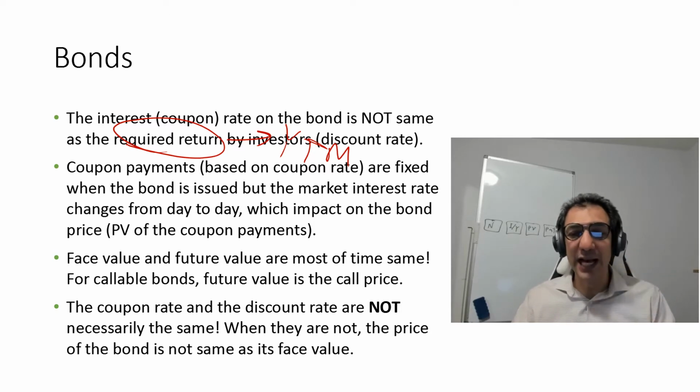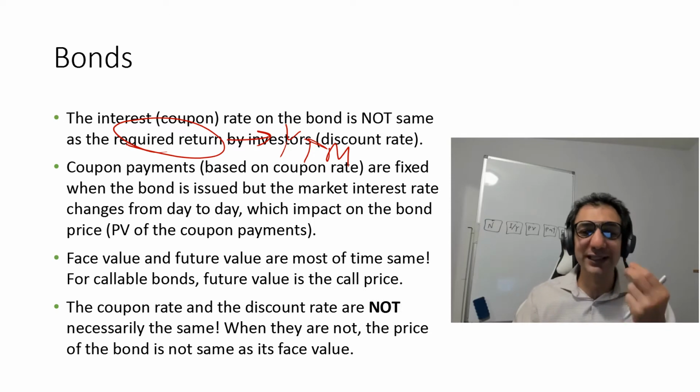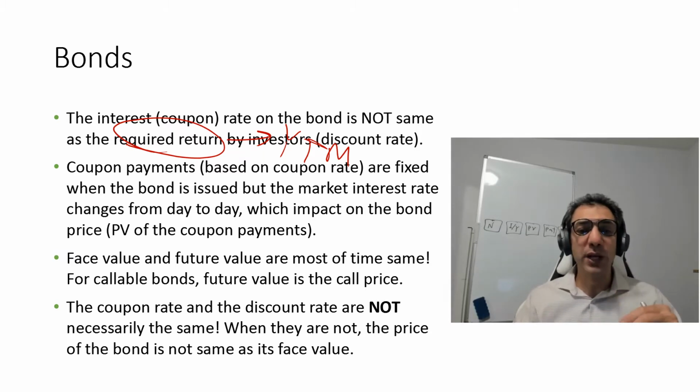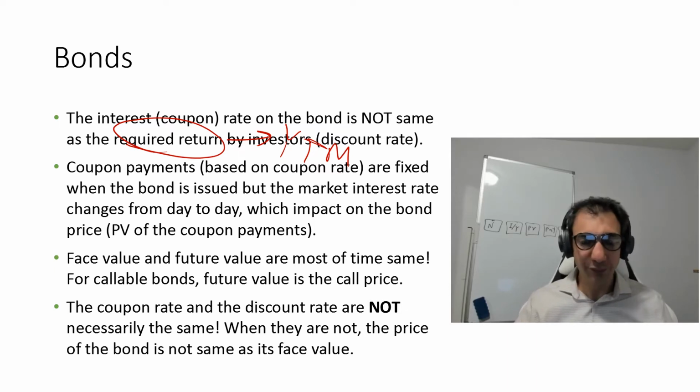So you're discounting all these cash flows with the discount rate, the interest rate, and this interest rate is changing over the life of the bond. And that's why the bond price is changing in the bond market. Again, not because of a change in the coupon payment, but because of a change in the YTM or interest rate.